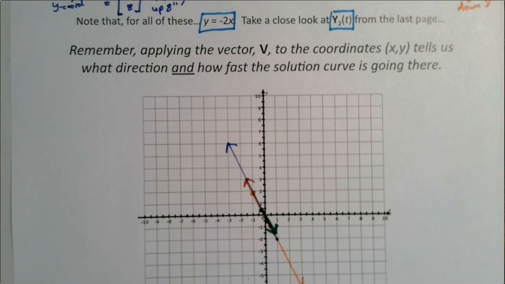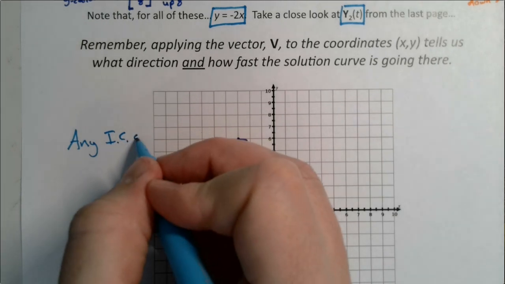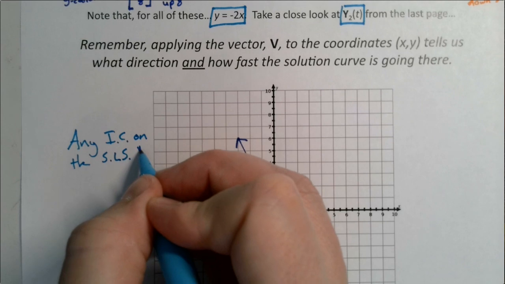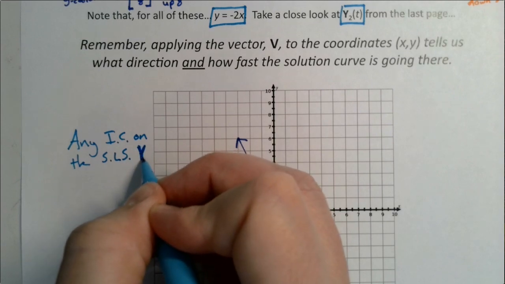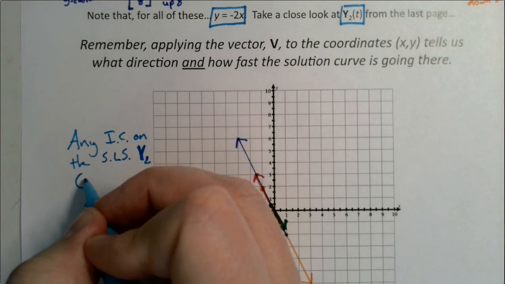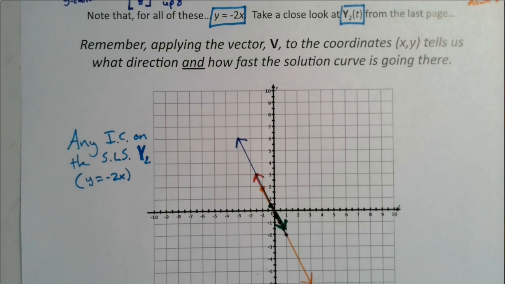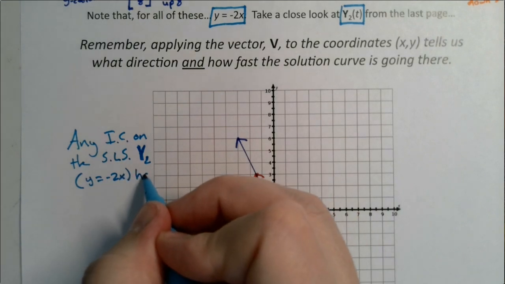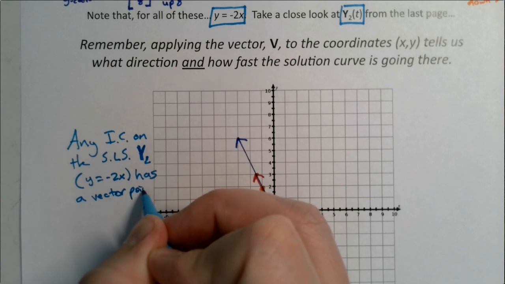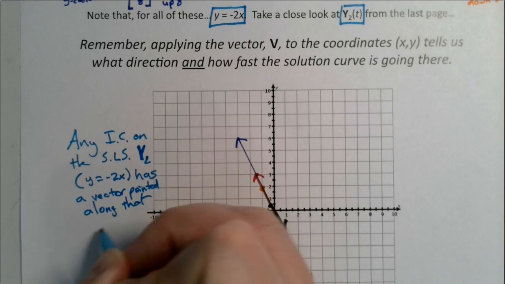So any point, any initial condition on the straight line solution, y2, and remember that is y equals -2x, that's the direction that it's going, has a vector pointed along that direction.